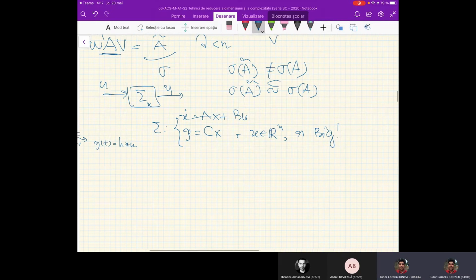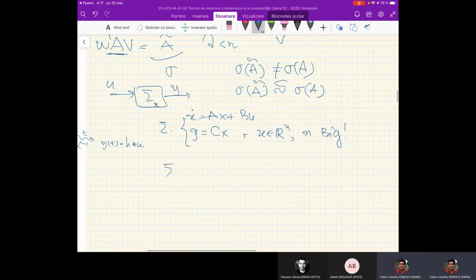So this is the model reduction problem. I want to find a reduced system, let's call it sigma G, with psi dot is F psi plus G u. You'll see why later on.